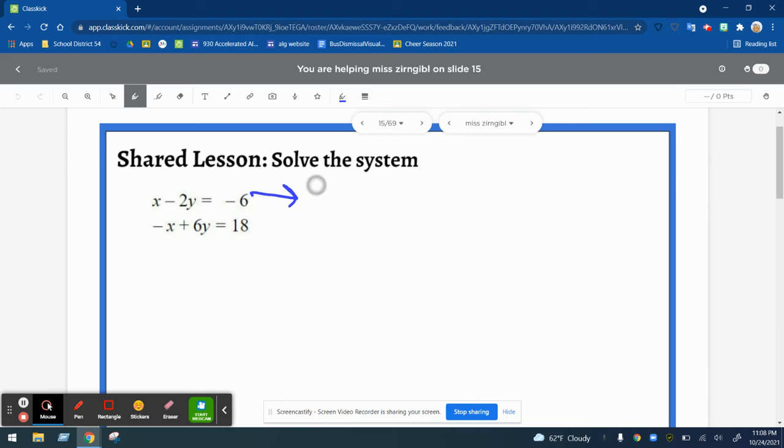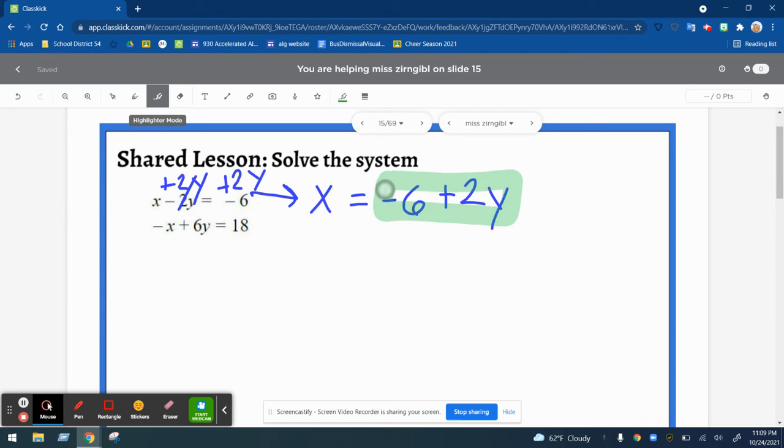So if I go over here and I add 2y to both sides, now I have x alone. Now I actually do know what x equals. x equals negative 6 plus 2y. So I can go into my second equation and substitute all of that in for x.